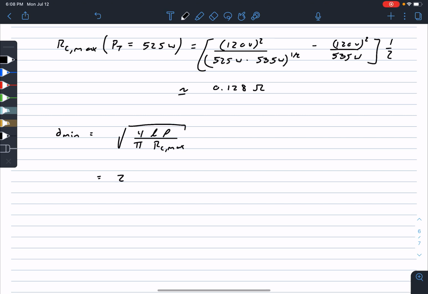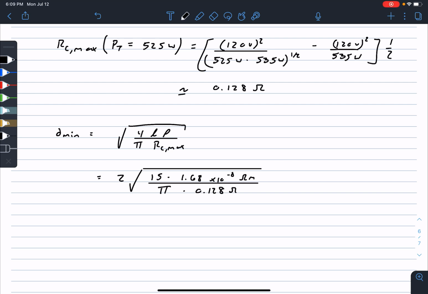So it's going to be 2 times the square root of 15 times the resistivity, which was 1.68 times 10 to the negative 8 ohm meters, all over pi times 0.128 ohms.